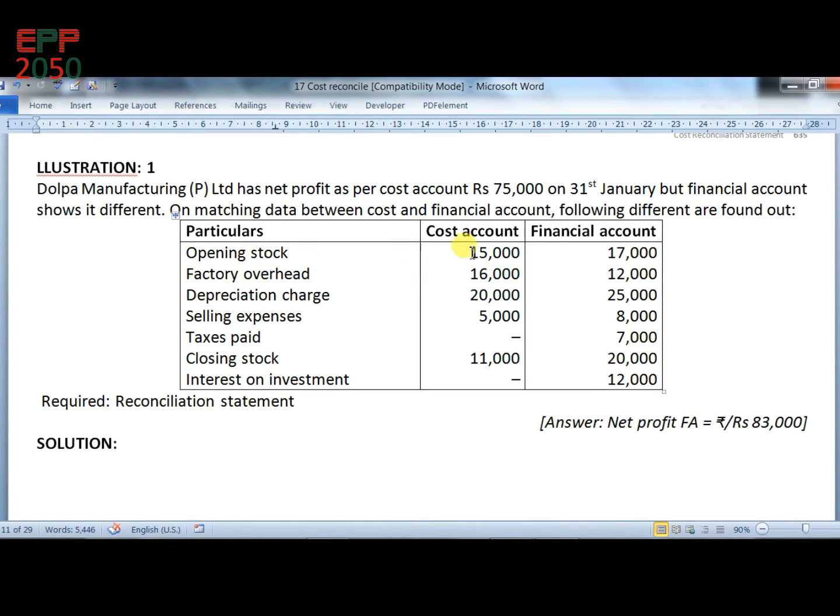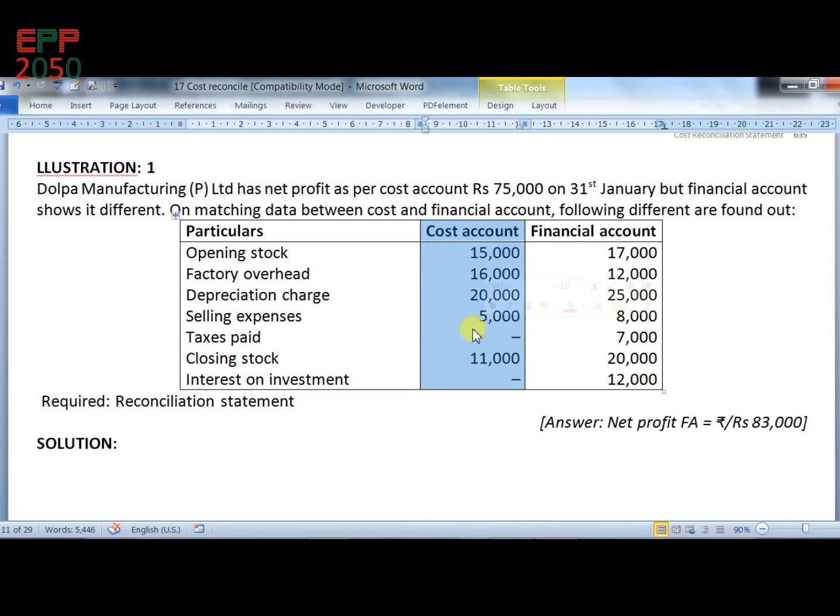So look here, these data are related to cost accounting and these are related to the cost sheet. These transactions are related to financial account and these are recorded in final account.